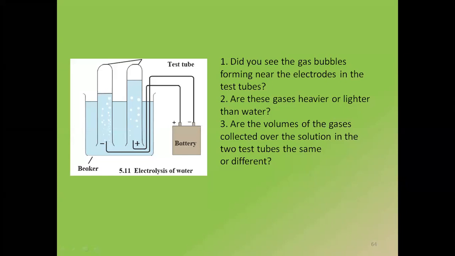All right. In electrolysis of water, pure water does not conduct electricity. So what have I added in this to make it conduct electricity? What have I added? Salt. Very good. I added 2 grams of salt in 500 ml of water.